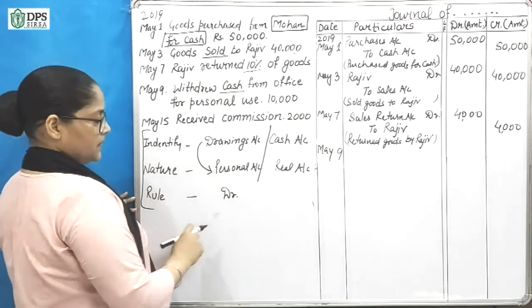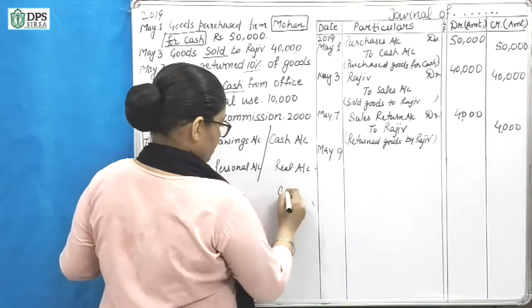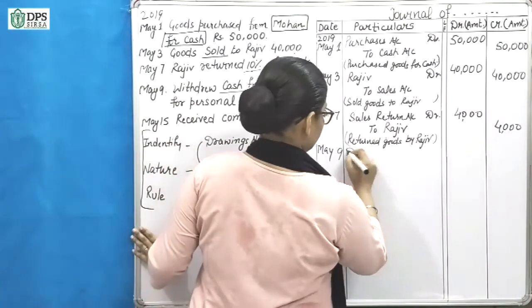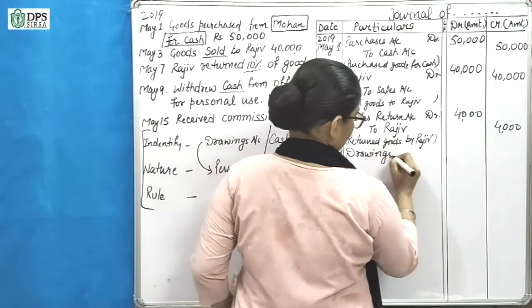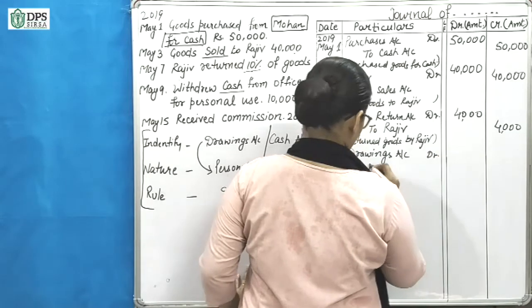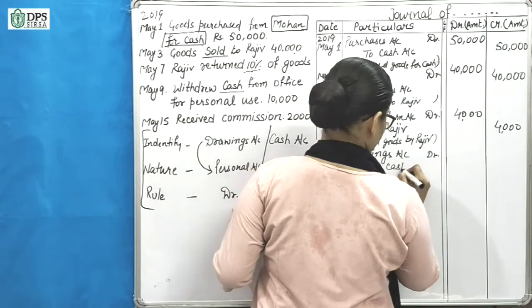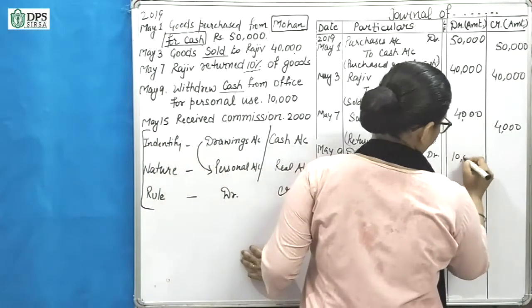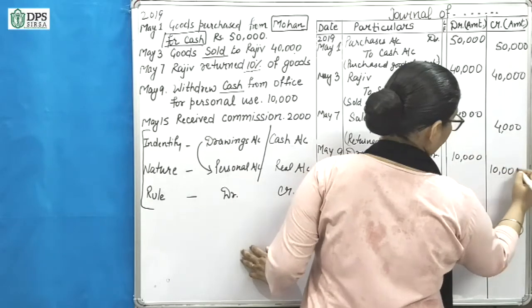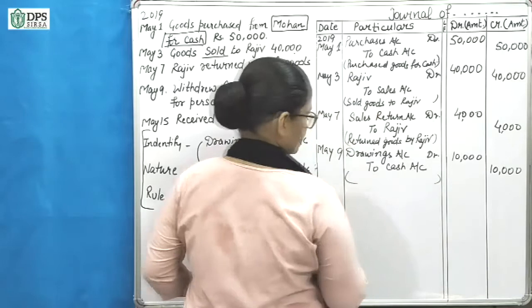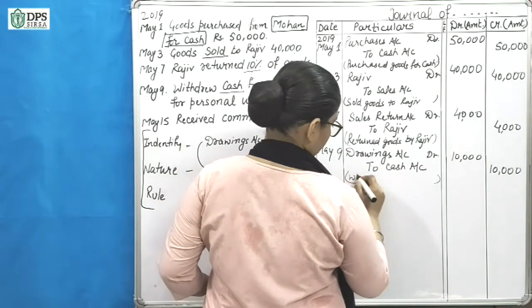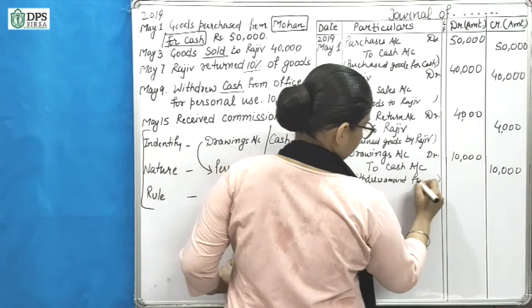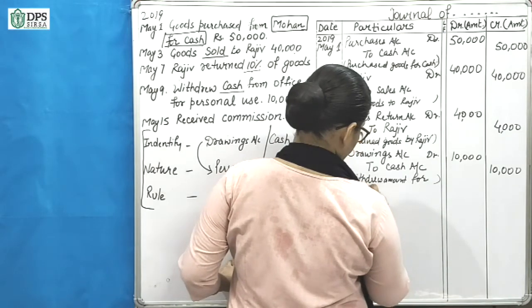Here it will be debited and the cash account will be credited, because cash is going out of the office. So we will write here: drawings account debit to cash account, and the amount is 10,000. And here the narration is: withdrew amount for personal use.